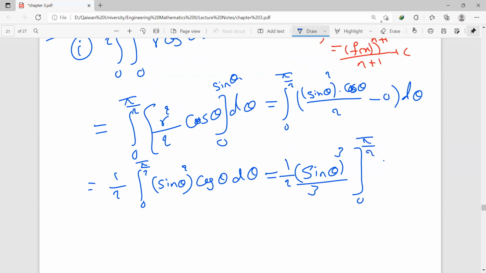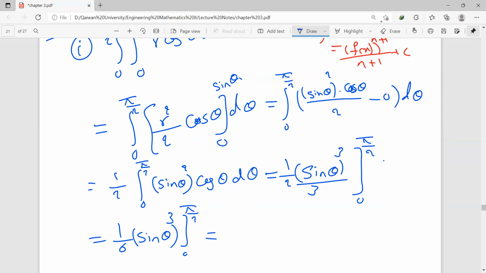We just took the integration, as we have the derivative of the function outside of the bracket. It equals a half, sorry, 1 over 6 of sine theta to the power 3 from 0 to pi over 2.